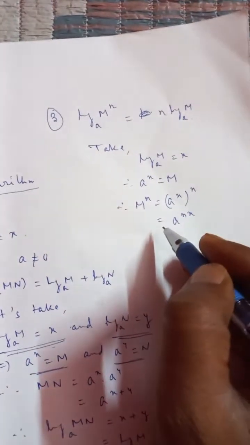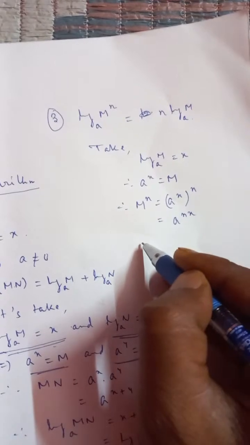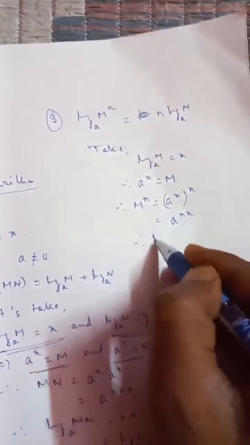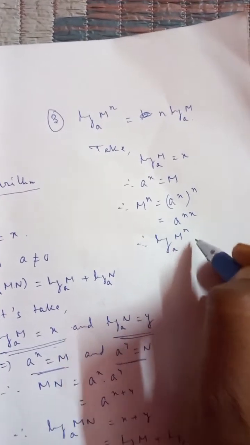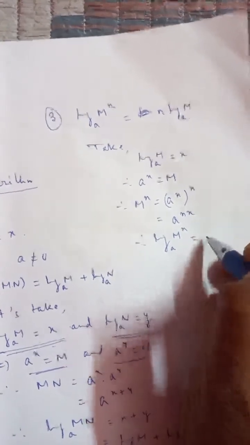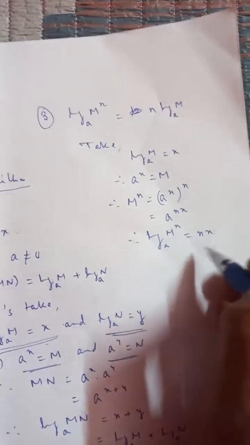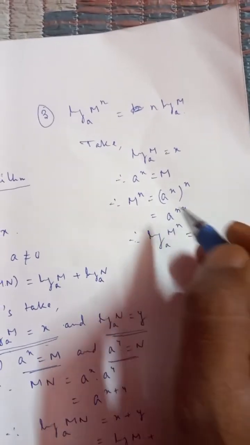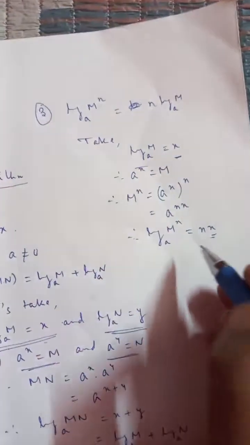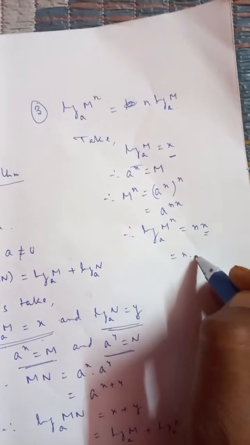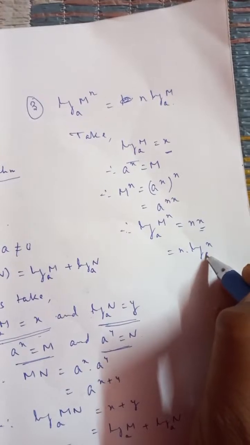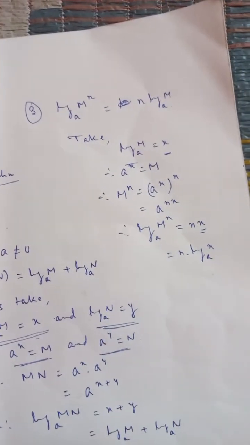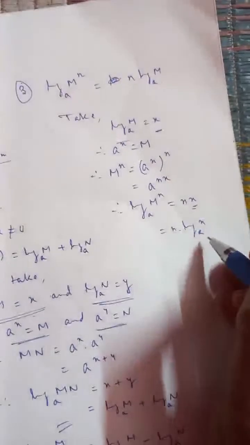Now if we take logarithm form, then it will be log of m to the power n base a equal to nx. If we put the value of x here, log of m to the power n base a equals n log of m base a. So in this way, this can be proved.